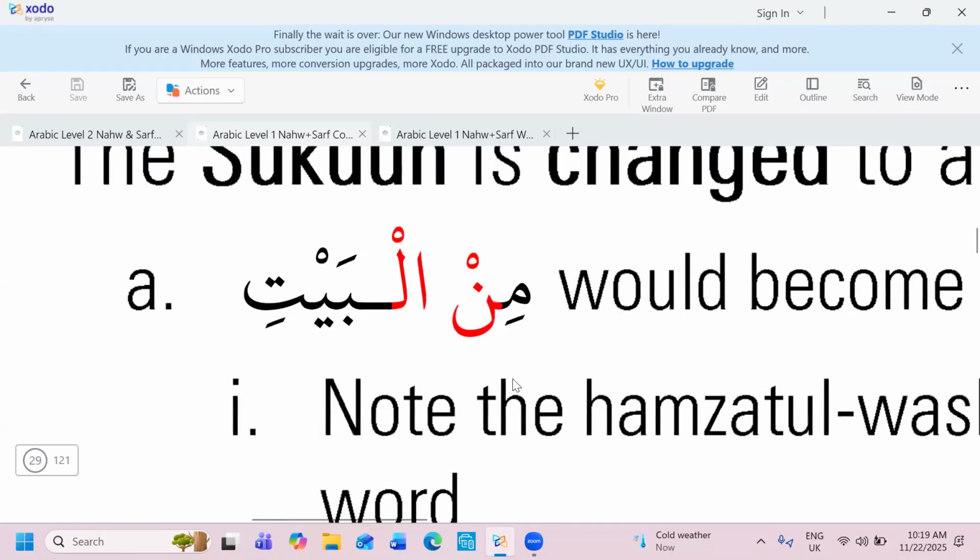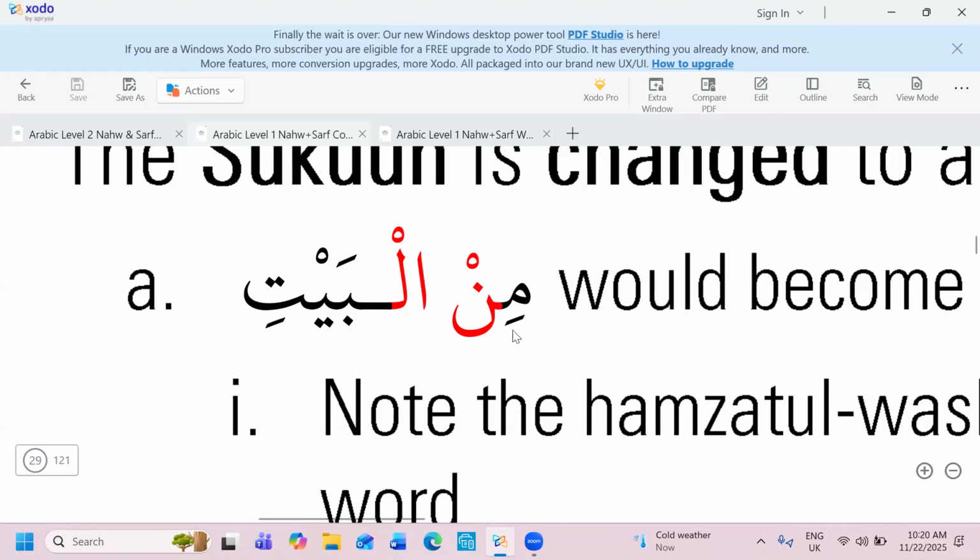So now we want to join it up, and you could say min al-bayt, it's not incorrect. But if you want it to flow a bit and join up, as you will see when you're reading Arabic, how do I join? The rule should work most of the time. You look at the letter before the sukoon.